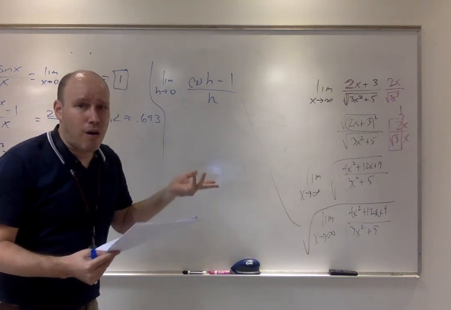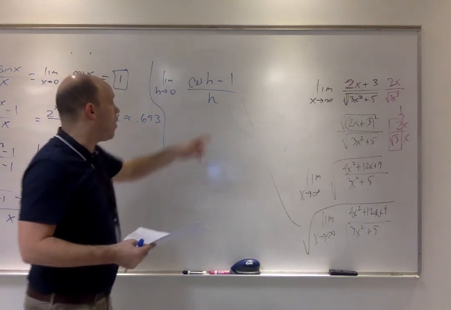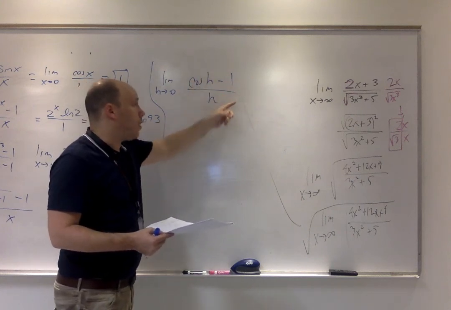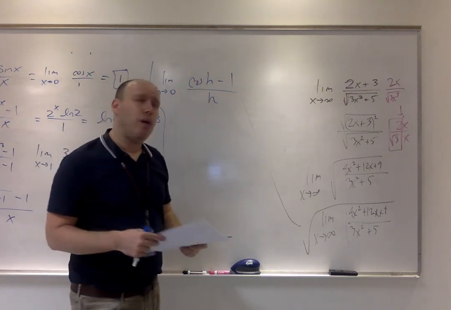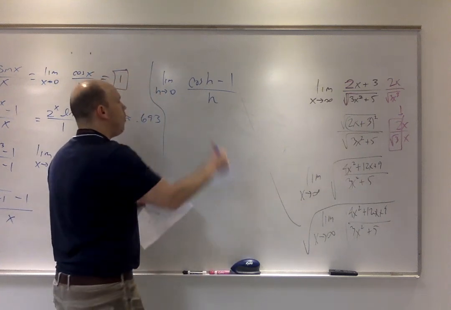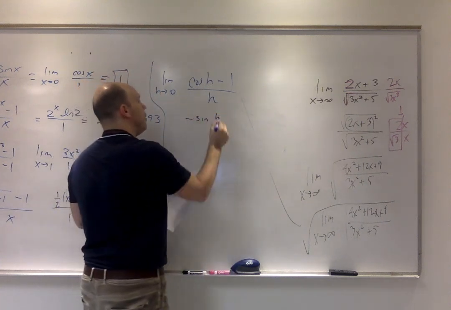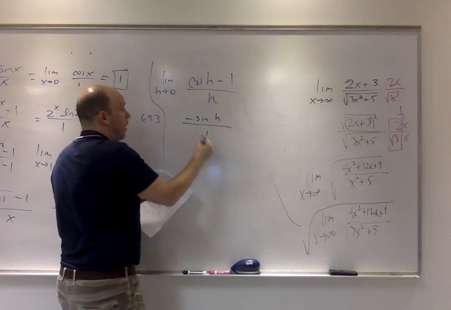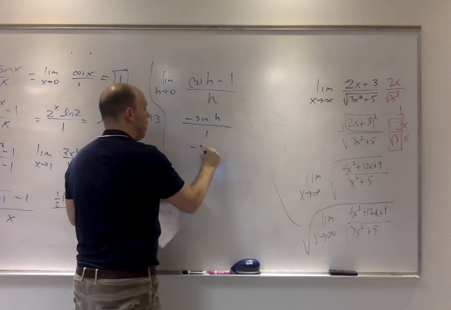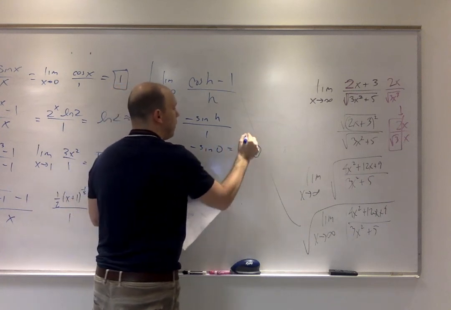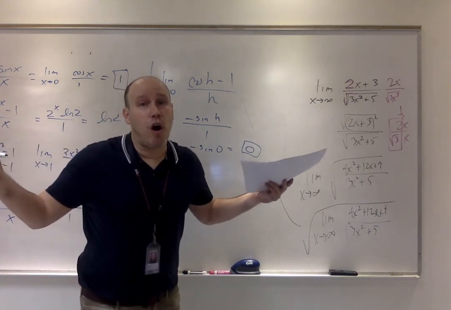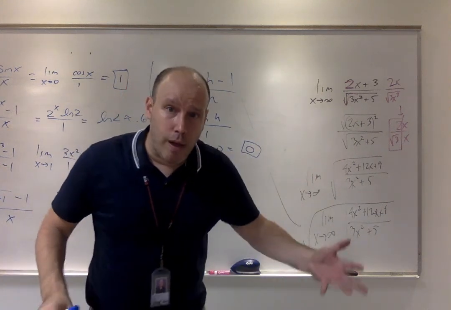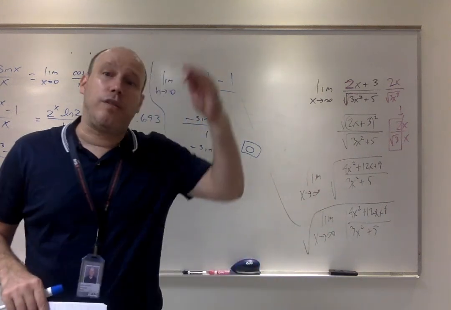No, L'Hopital's rule, because the cosine of 0 is 1, 1 minus 1 is 0, 0 over 0, I can use L'Hopital's rule. What's the derivative of cosine? Well, it's negative sine of h, and the derivative of h is 1. Well, what's the sine of 0? 0.